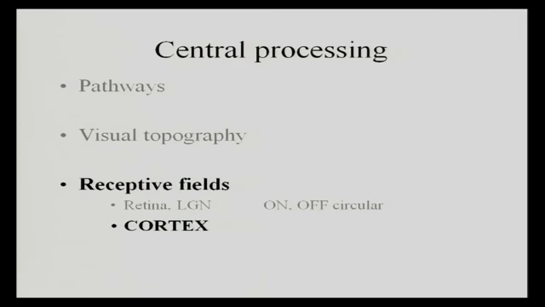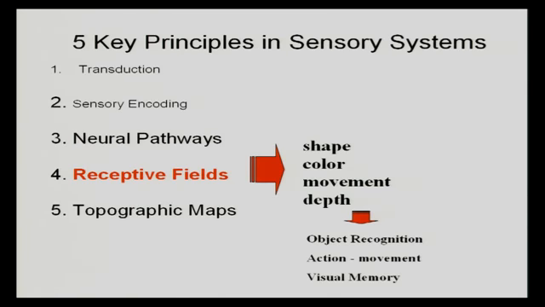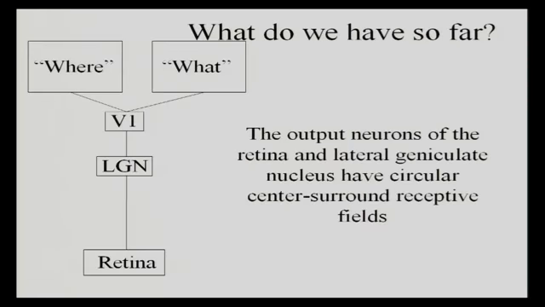So now we want to ask about what happens when these axons from the geniculate go into the primary visual cortex, which is the next stage of processing. And so we're going to ask about the receptive fields in the primary visual cortex.